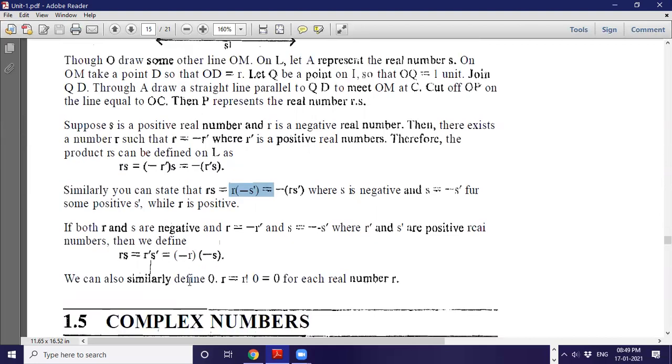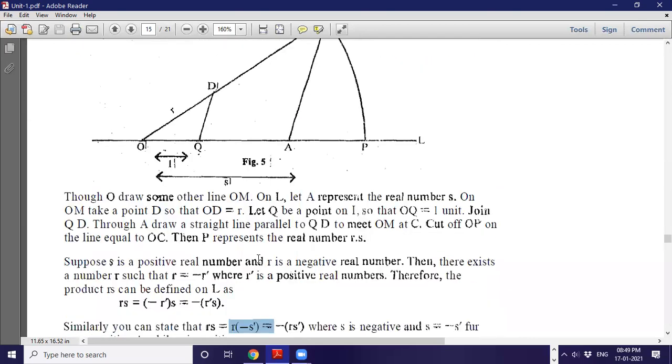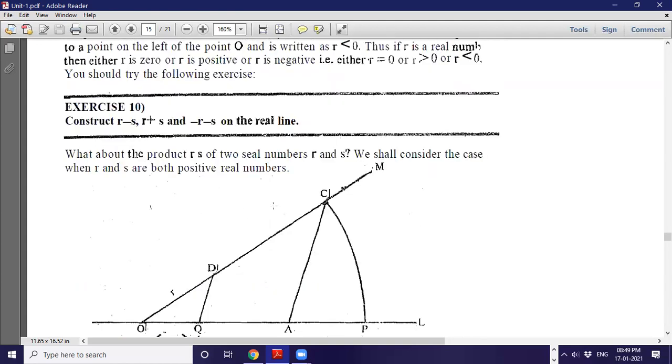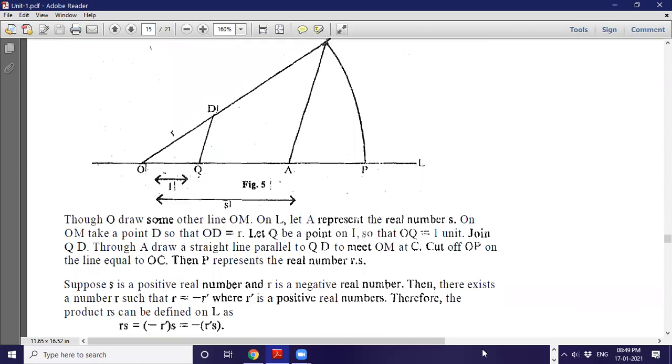So that way you can go for proving it. So that's how you can represent R plus S, R minus S, and RS on the real line.